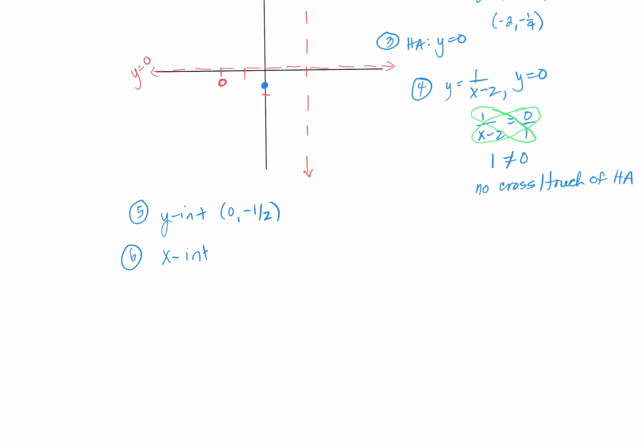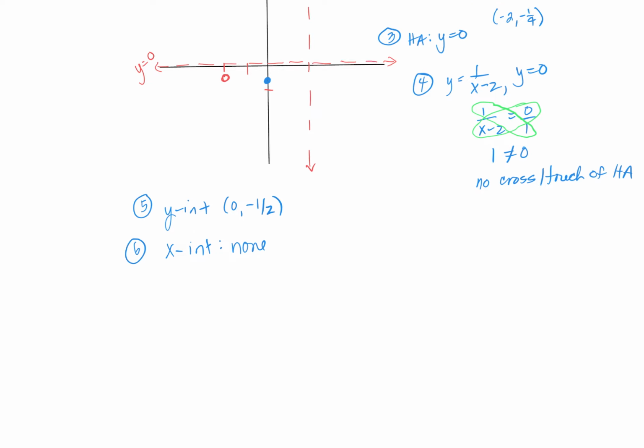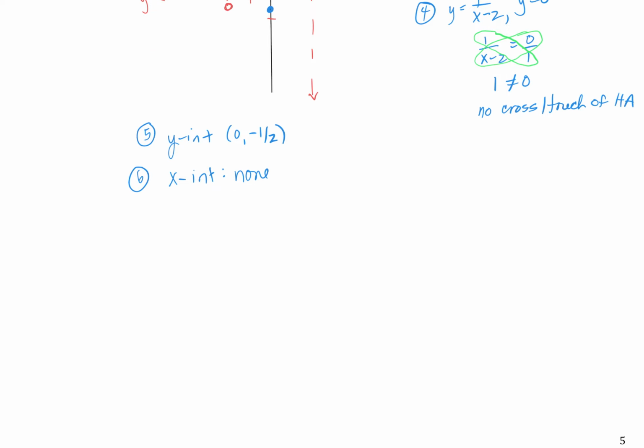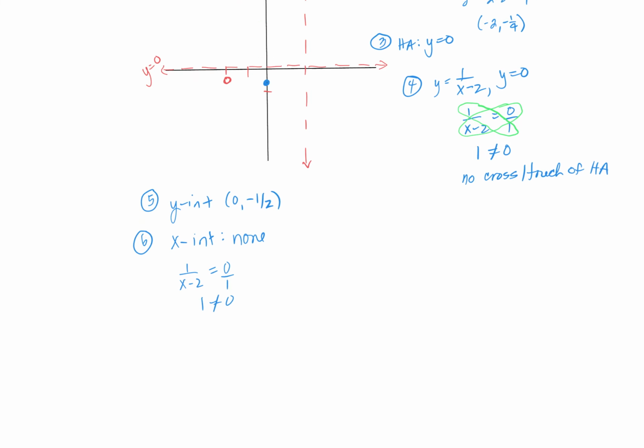To find your x-intercepts, you set your numerator equal to 0. Again, remember, we're using the 1 over x minus 2, so the numerator can never be 0. So there is none. Again, if you want to, go ahead and set the whole expression equal to 0 and solve. You will get 1 equal to 0, which cannot happen. No x-intercept.